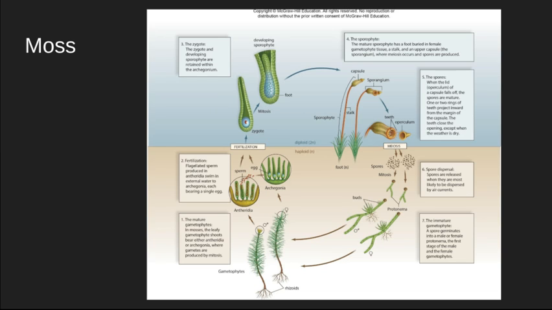In general, the gametophyte is the most dominant generation that they have, but they can produce the sporophytes as well. Now, sporophytes happen through meiosis, and gametophytes are produced through mitosis.